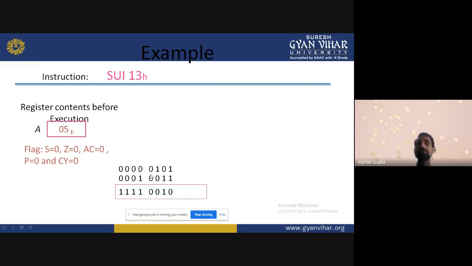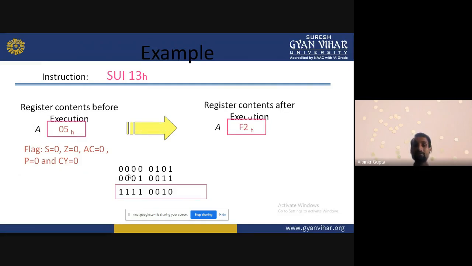Fourth bit, D3 bit. Now D4 bit, 0 minus 1, it's not possible. So I am taking 1 borrow here. So 10 minus 1, 1. Now again the same procedure we will follow. So what you got? 1 borrow is left and the result is the equivalent of this. So 1111 is equal to F and this is equivalent to 2.